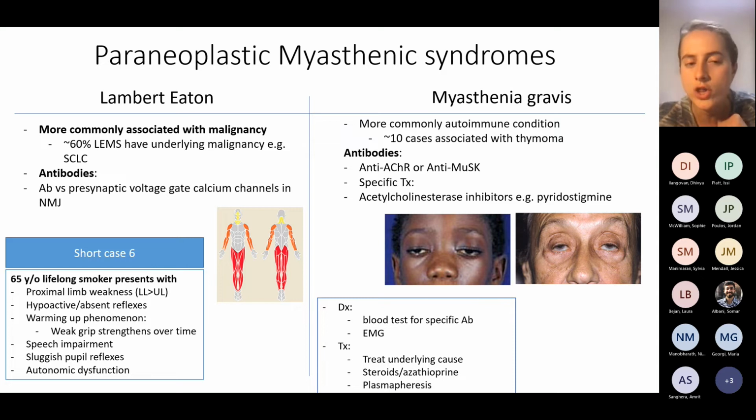Do you know which cancer Lambert-Eaton syndrome is sometimes associated with? Yes. And how about myasthenia gravis? Yeah, excellent.